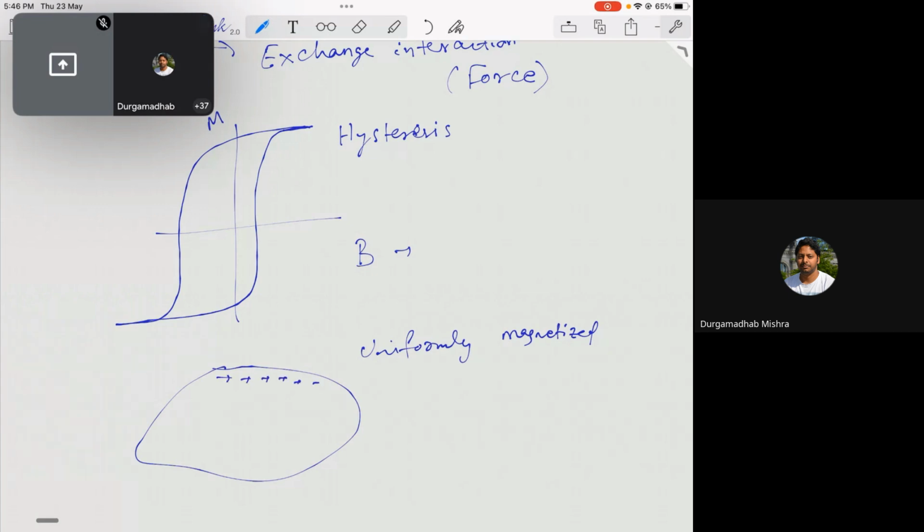Now, in a classical picture, what is the origin of this?